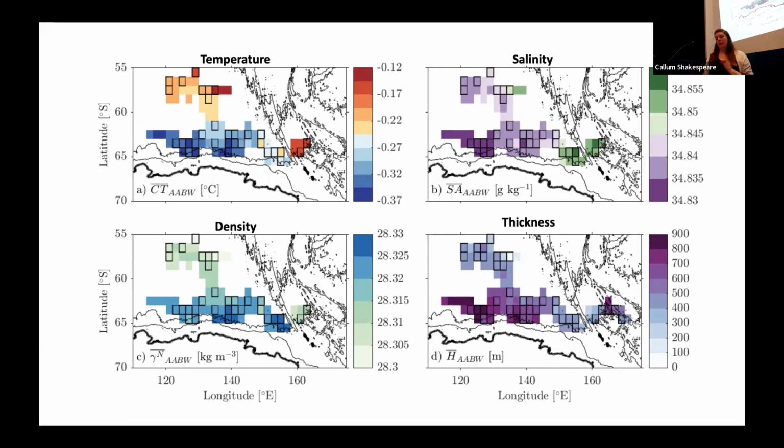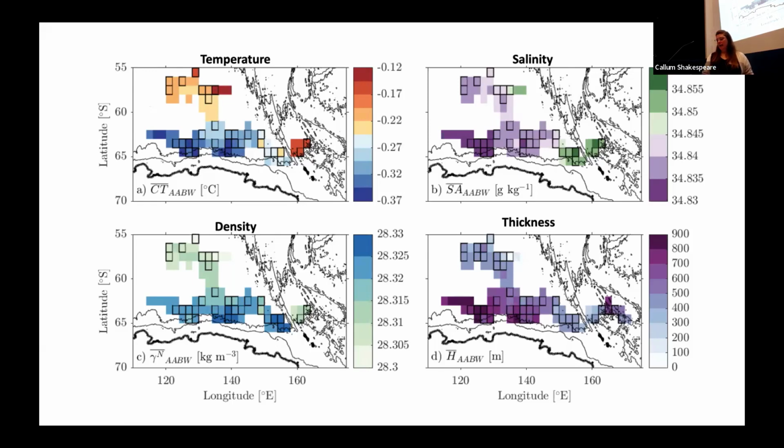But we don't have all that much data there, so it's hard to fill in that story with much confidence. And again, you see this thickening of the bottom water layer as you're going westward across the basin. You can get layer thicknesses of up to 900 meters.